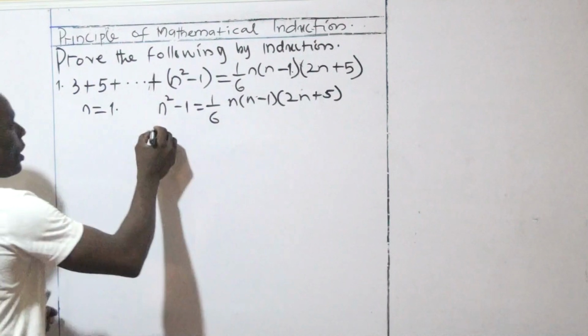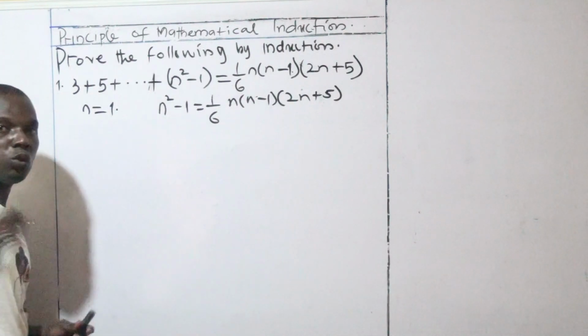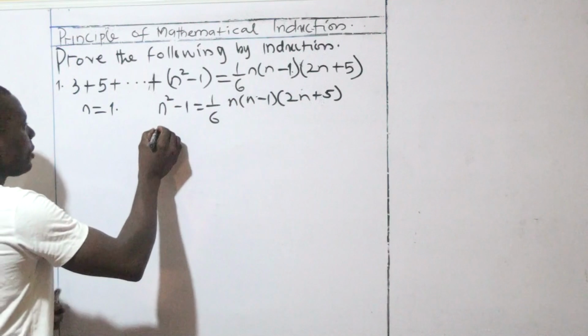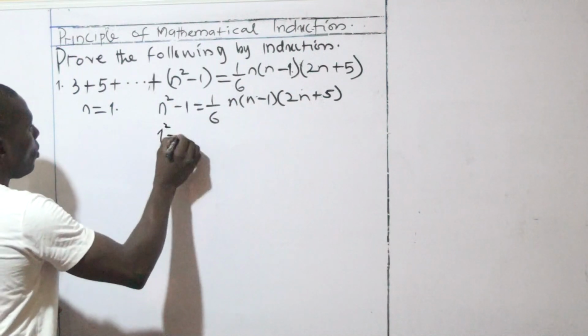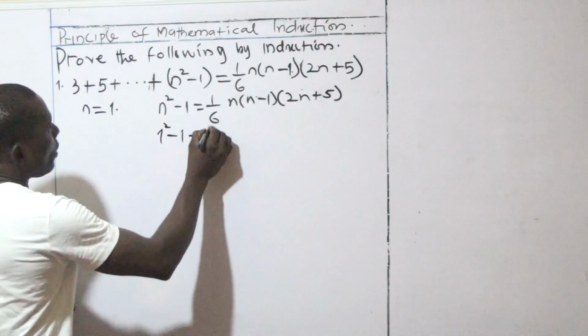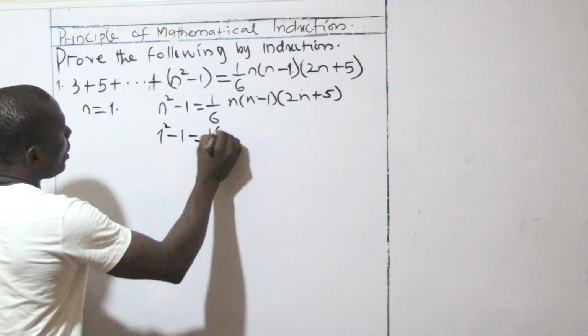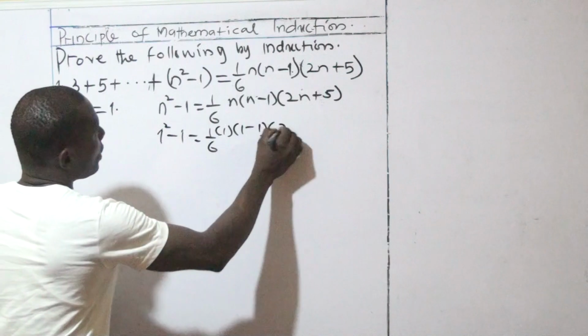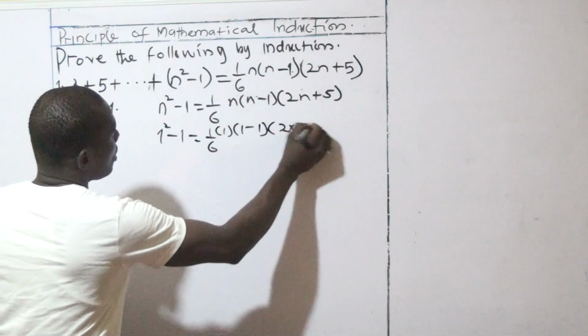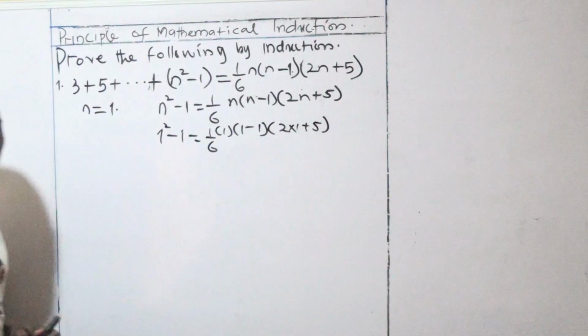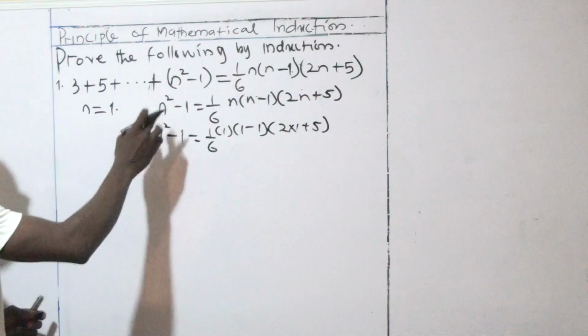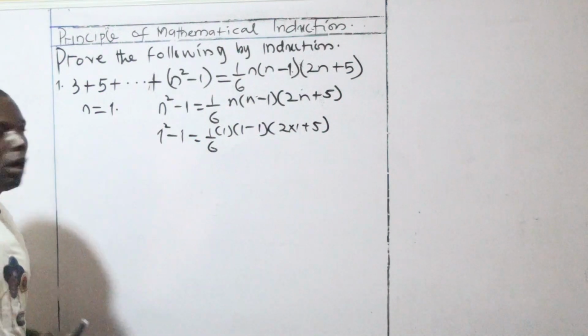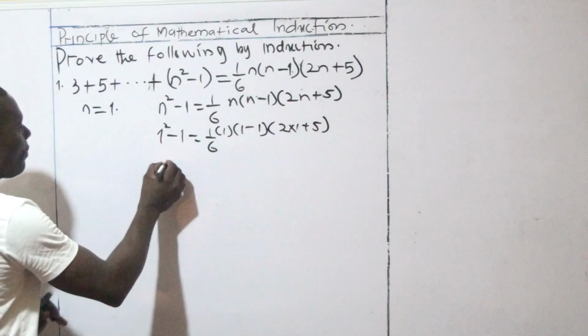Here, if we substitute n equals 1, we have 1 squared minus 1. Here we have 1 over 6 into 1, then 1 minus 1, then 2 times 1 plus 5. Very quickly, 1 squared is 1, and then 1 minus 1, on the left hand side we have 0.